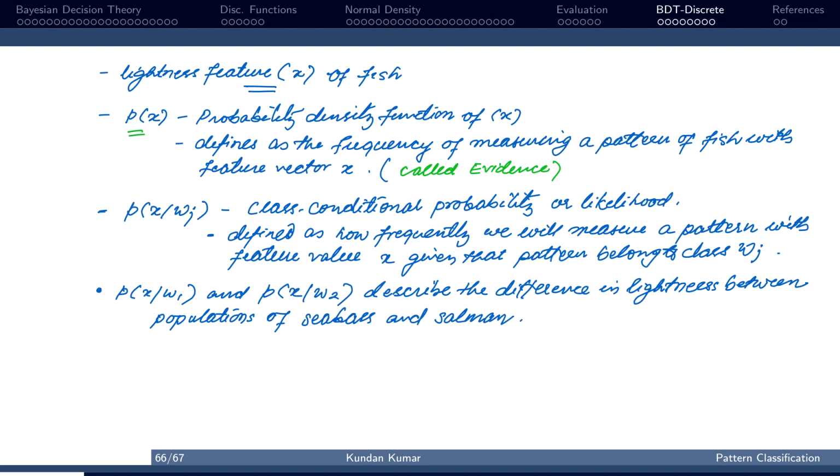So basically the class conditional probability of class 1 is the distribution or population of sea bass, and the class conditional probability of class omega 2 is the distribution of the population of salmon fish.